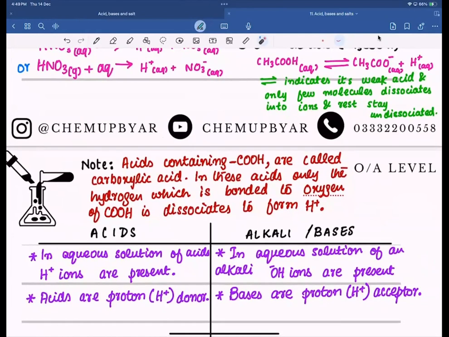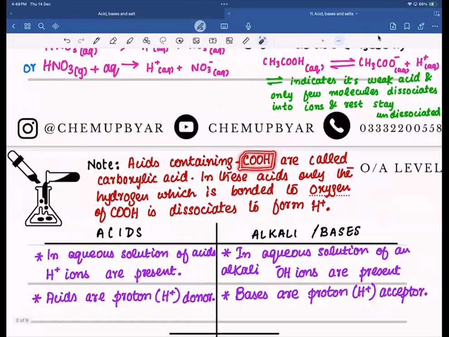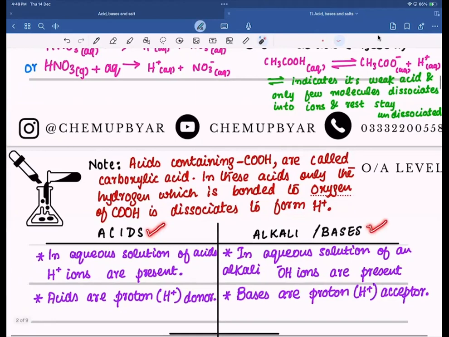Okay, so acids which have COOH are called carboxylic acids. All of them are generally called carboxylic acids. And in these, only the hydrogen which is bonded to the oxygen of COOH dissociates to form hydrogen ions. Now, we have two types of compounds. One are acids and the other are called alkalis or bases. What is the difference?